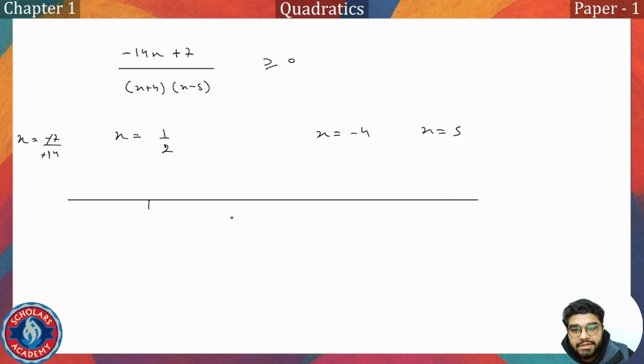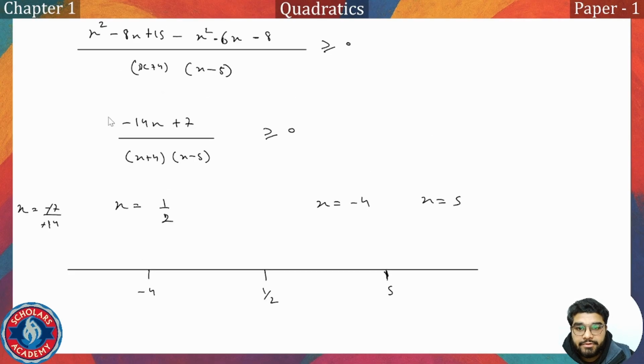It starts with negative 4, 1 by 2, and 5. And since these critical points are from the denominator, we will not take equality with these 2 points. Let's move forward and check this inequality.